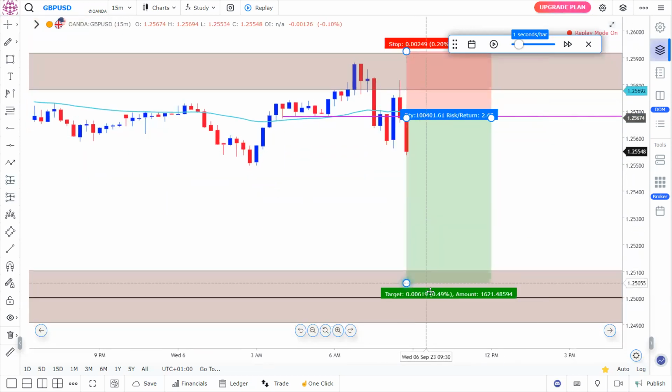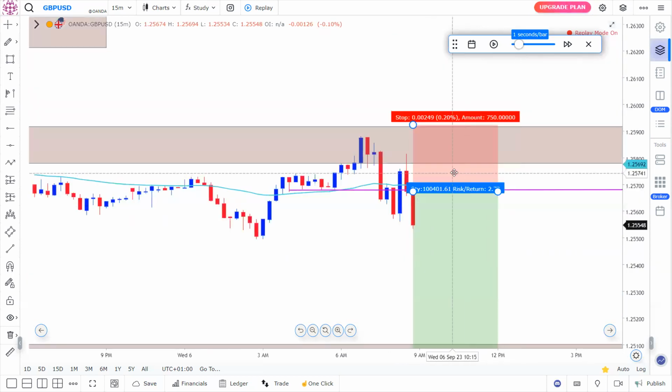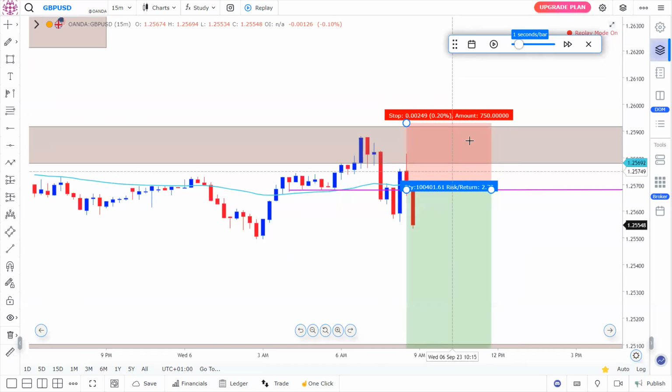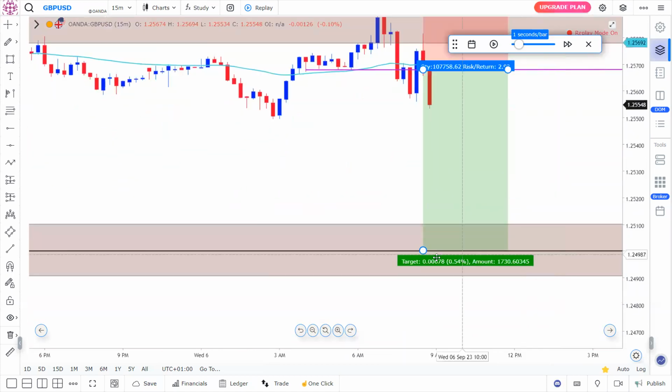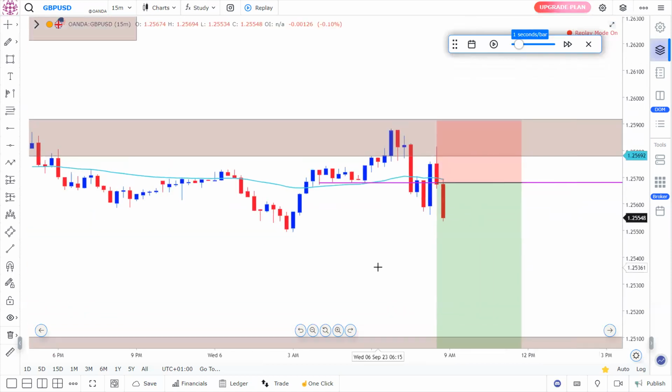With this being the third sell trade, I'm capitalizing off just one price movement, or a nice 1 to 3 risk to reward here.